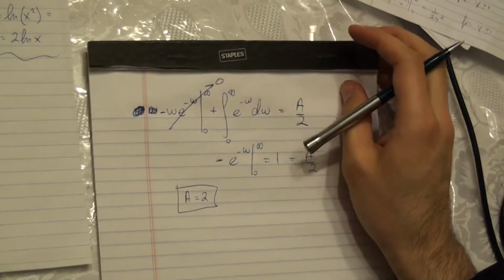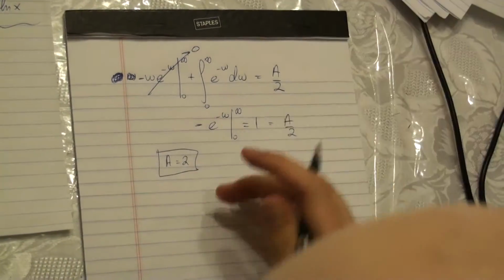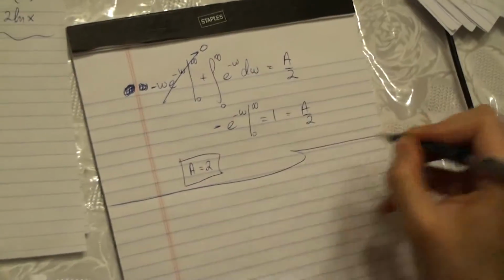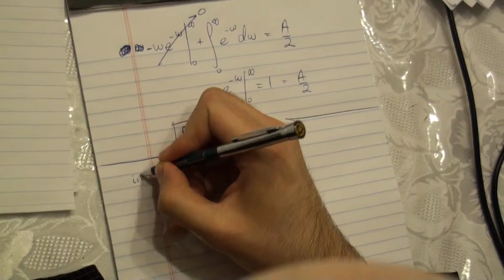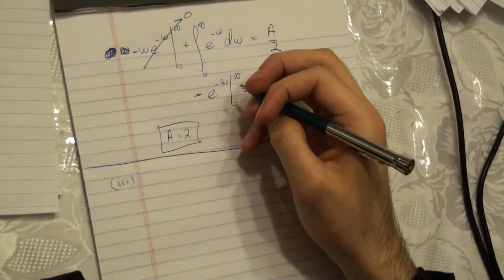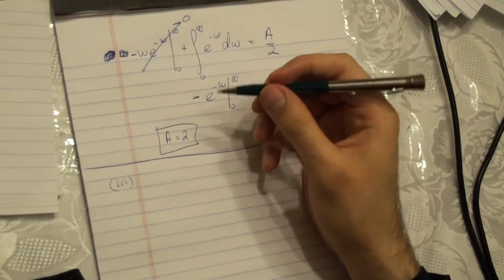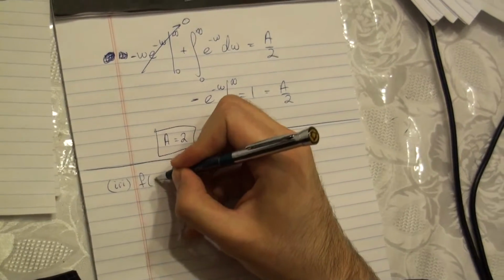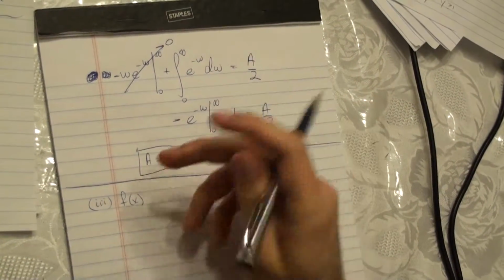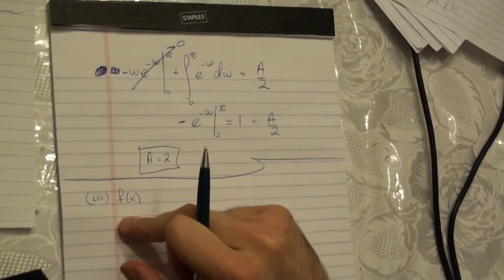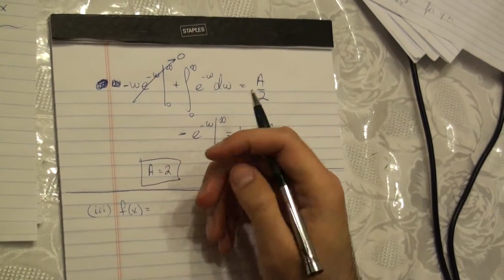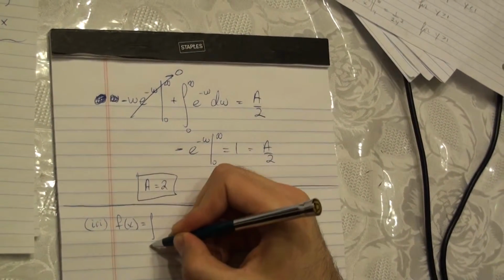Now, part 3. Now they want us to find the marginal density function. So that's first f of x and then f of y. So f of x is defined as this.